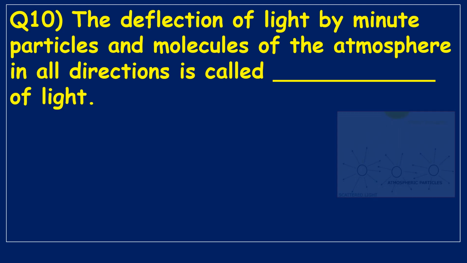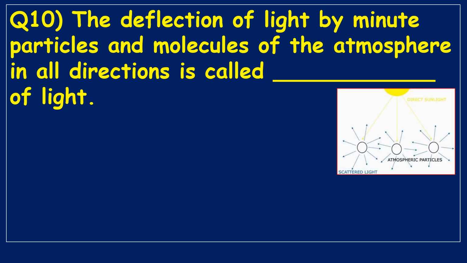This phenomenon is called. If you see the picture here, there are some dust particles, atmospheric particles. They deflect light in all directions. If light bounces back in the same direction, that is called reflection. If light bounces in all directions, that is called deflection.